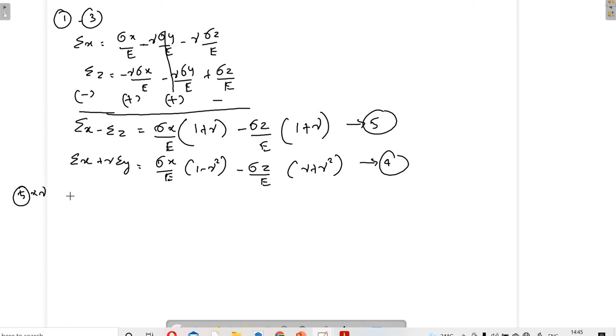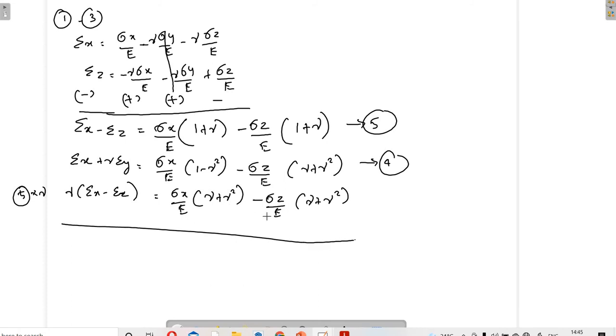So nu into epsilon x minus epsilon z, which is equal to sigma x by E times nu plus nu square, minus sigma z by E times nu plus nu square, and I am going to deduct the value, minus minus, and you can cancel this.